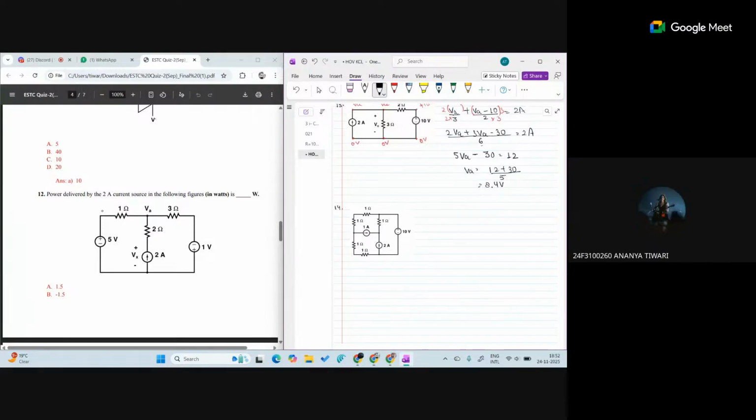The 2 amperes divide in that 3 ohm and 1 ohm. So this 2 ampere, the whole current, will flow in the other circuit. There won't be any current in this.